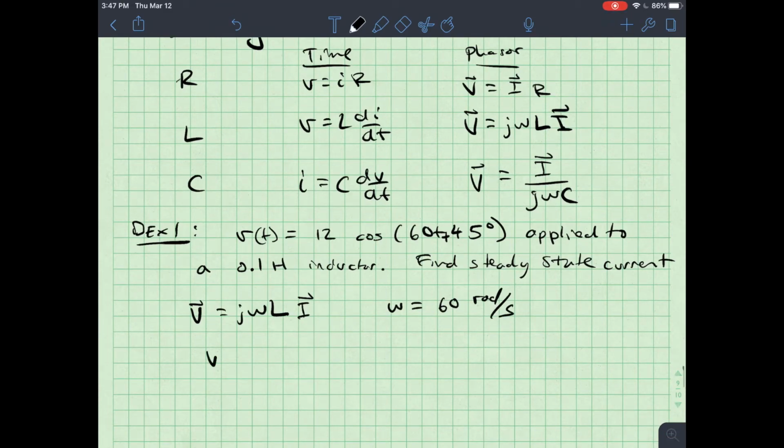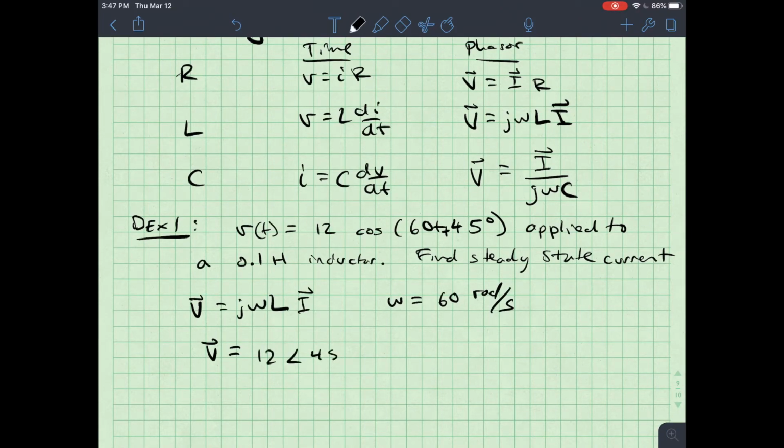V is equal to 12 angle 45 degrees, thanks to the phasor transform of v(t). And I know that L is equal to 0.1.